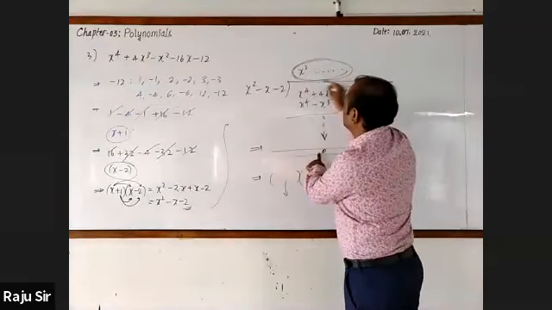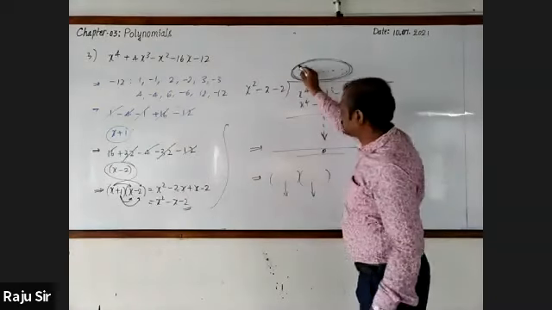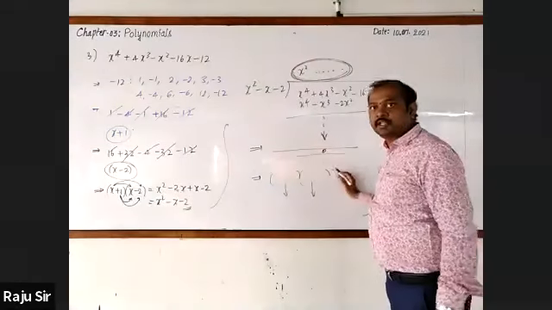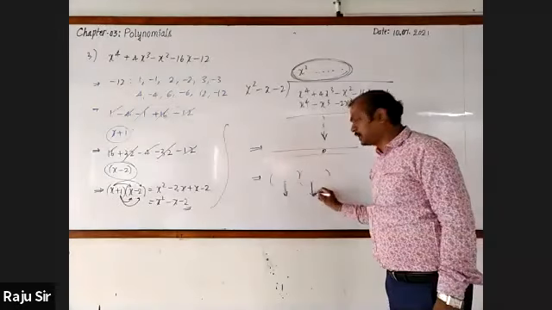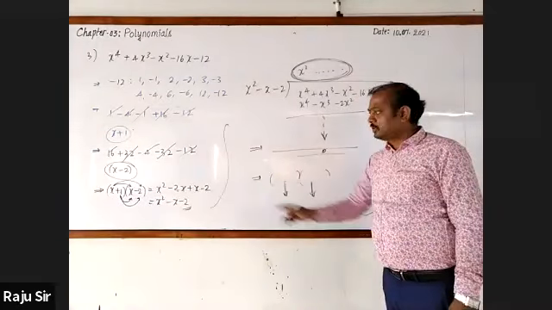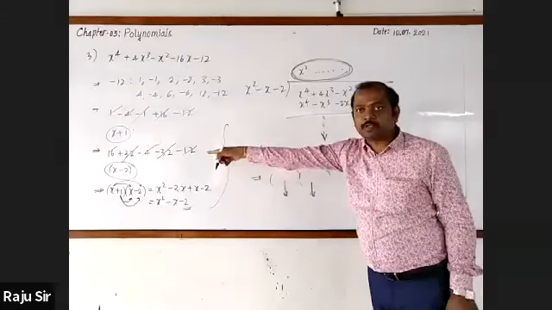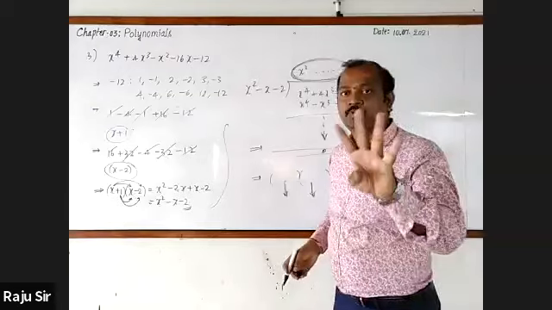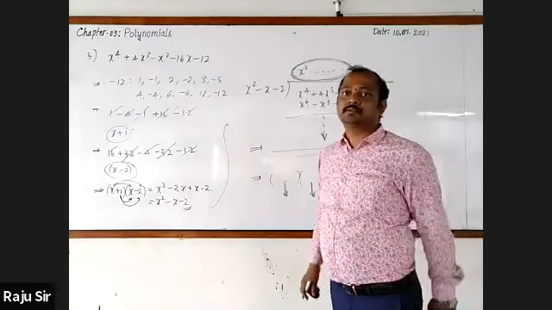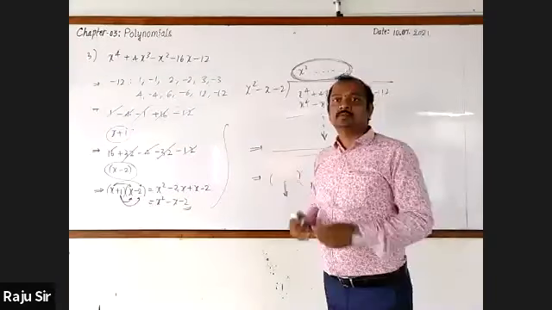Then you will get a quotient. You have to take this quotient and factorize. After factorization, you will get two factors. We have found out the first two factors, and at last the other two factors, total 4 factors. That will be the factorization.